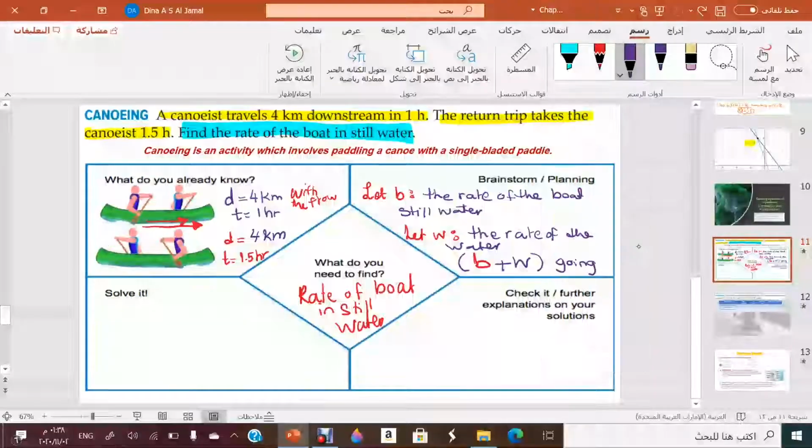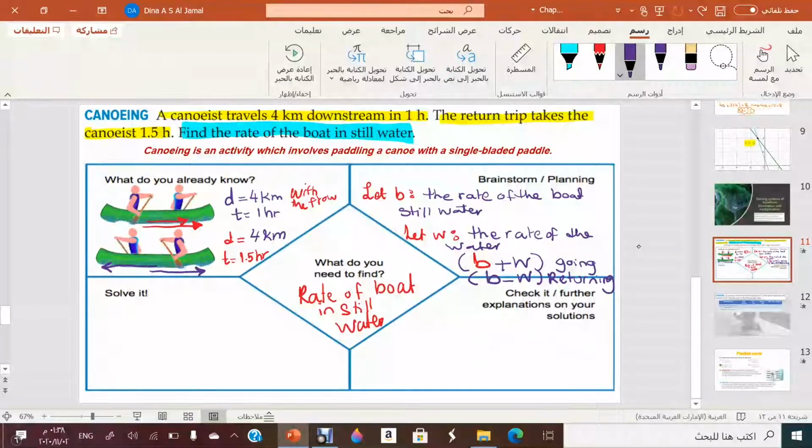Now, let's see the other trip. Now you are returning back and your water is flowing in the other direction. So your returning will be against the flow or against the current.